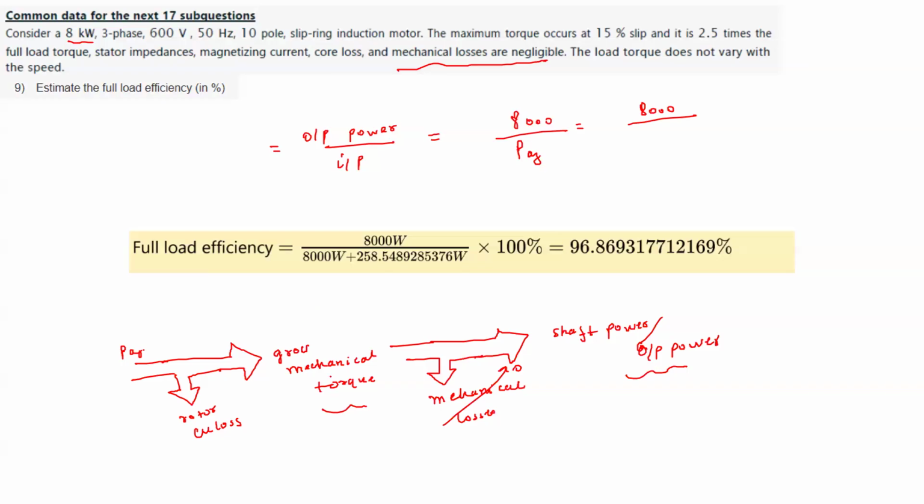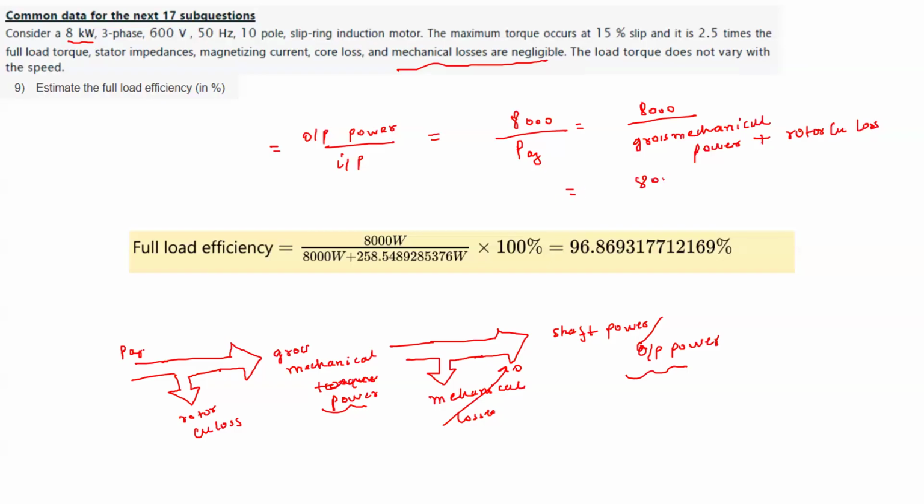I meant gross mechanical power, not the torque. Now, what is gross mechanical power? Here we have to write air gap power. What is the relation between the air gap power and gross mechanical power? Air gap power is gross mechanical power plus rotor copper loss.